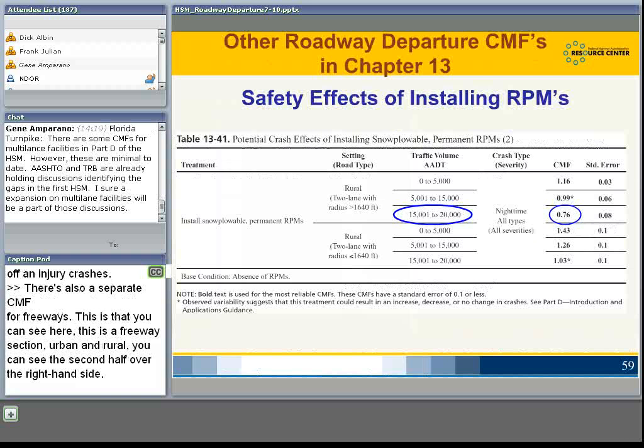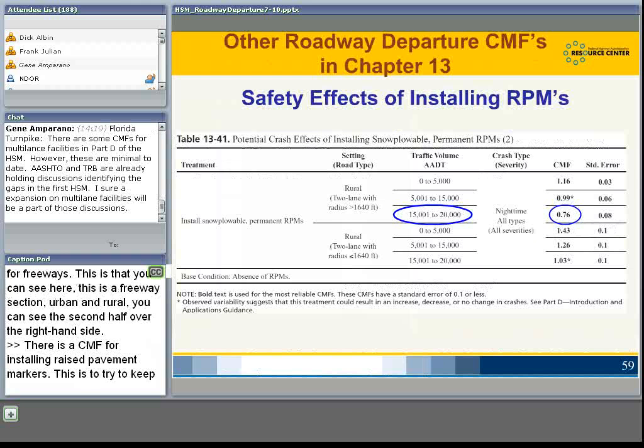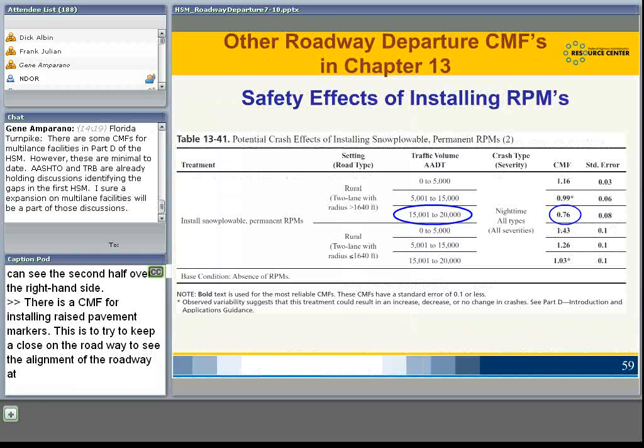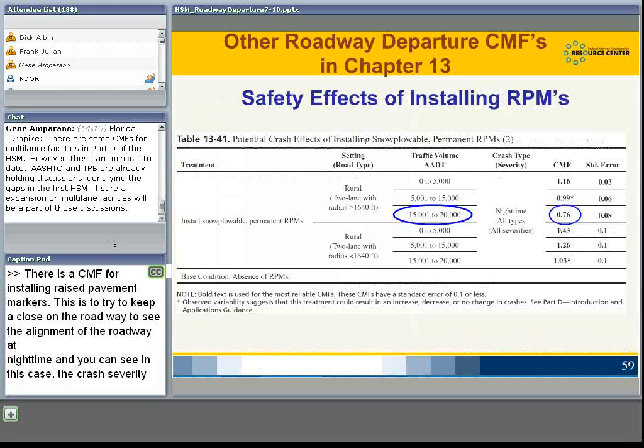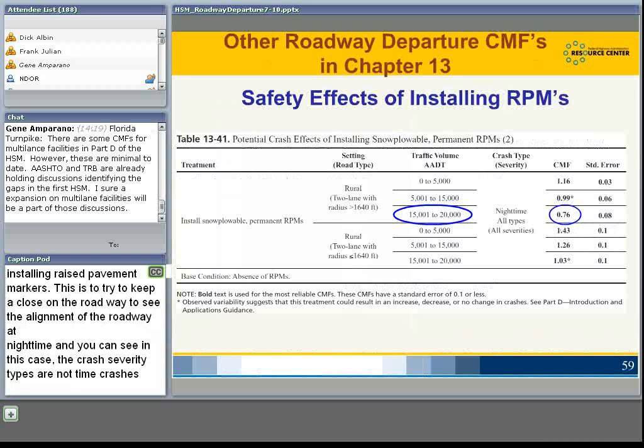There's also a separate CMF for freeways. So this is freeway sections. You've got urban and rural, and you can see the CMFs over on the right-hand side. There's also a CMF for installing raised pavement markers.